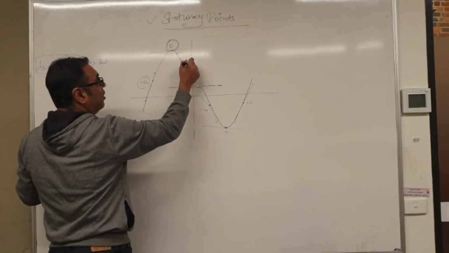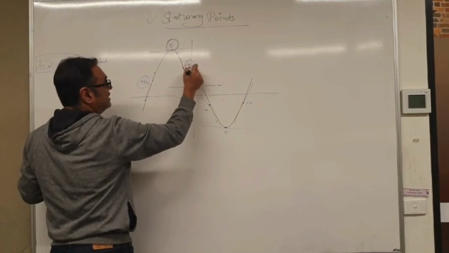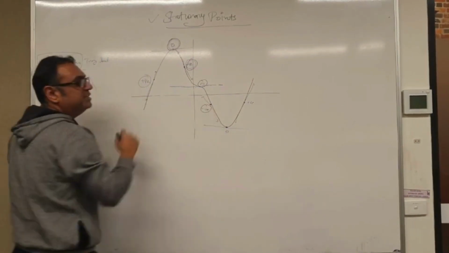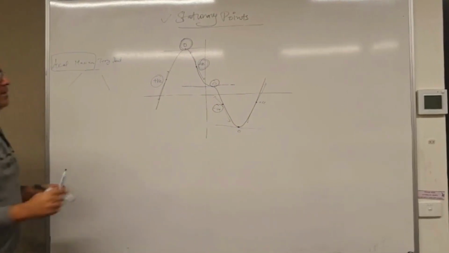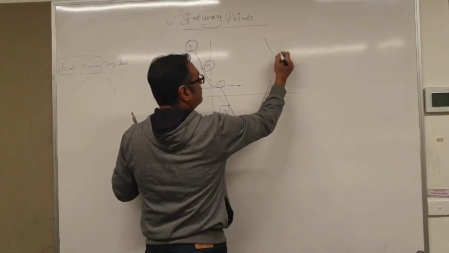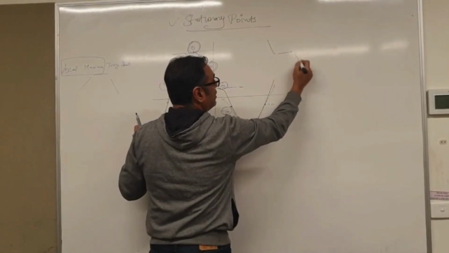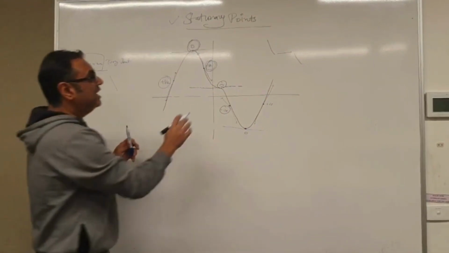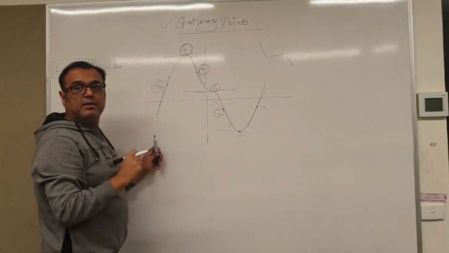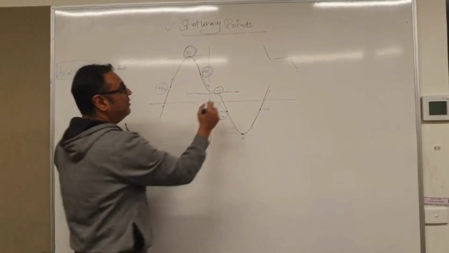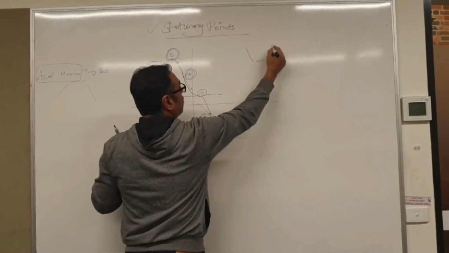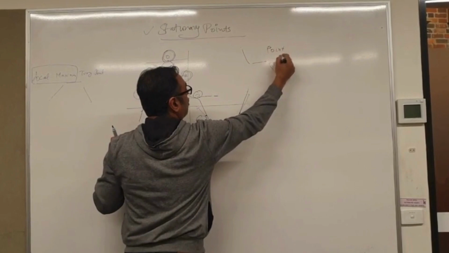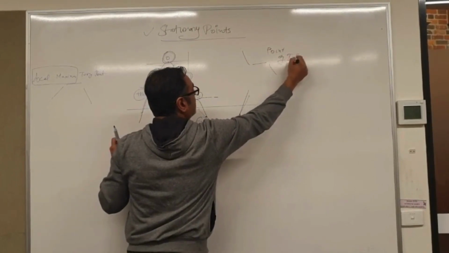Now, see the pattern. Negative, 0, negative. This kind of a pattern is also a stationary point, but I call it a point of inflection.